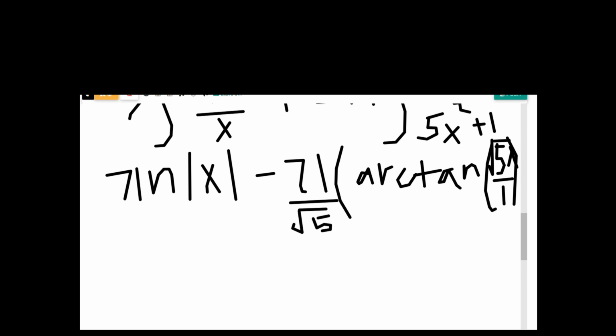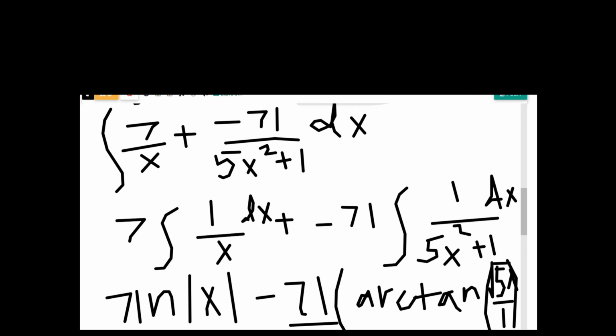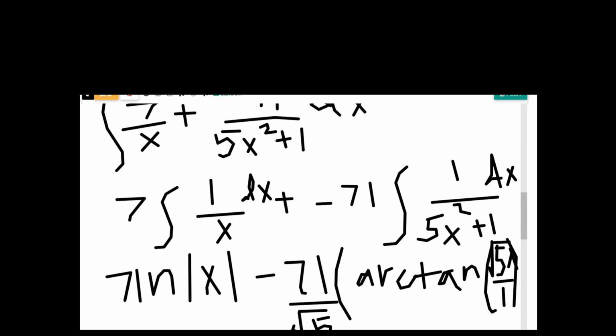If you don't know the antiderivative of this, then I highly suggest you review your derivatives of arctangent, arcsecant, and arcsine.